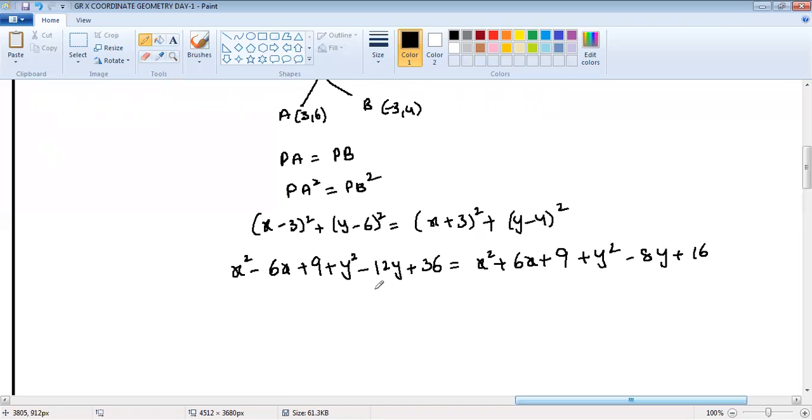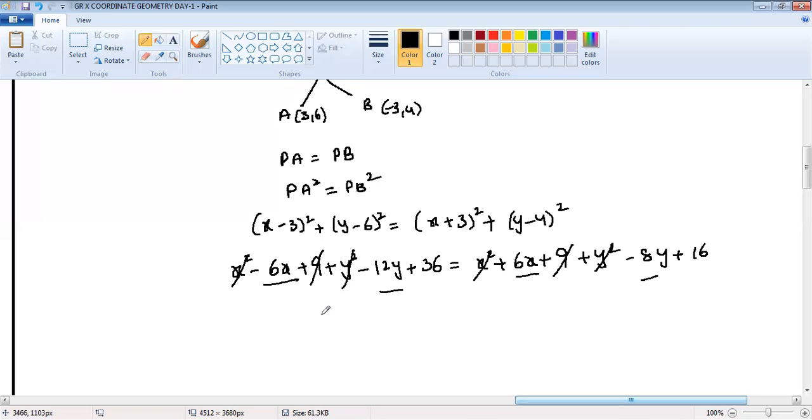Now try to cancel the terms from both sides if possible. Now x square cancels. Now y square also cancels. Plus 9 cancels. Is there any other terms? Minus 6x but plus 6x. Minus 12y, minus 8y. 36, 16.